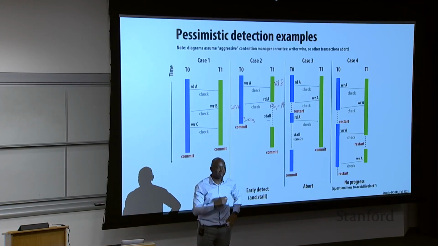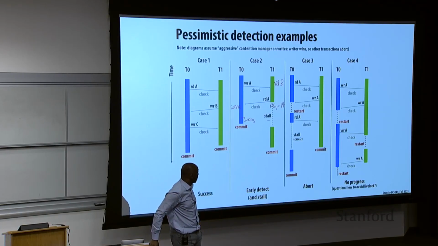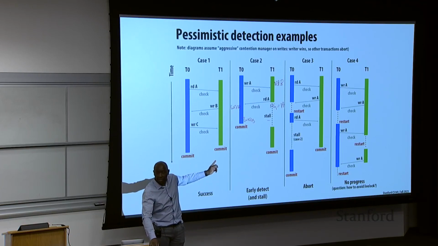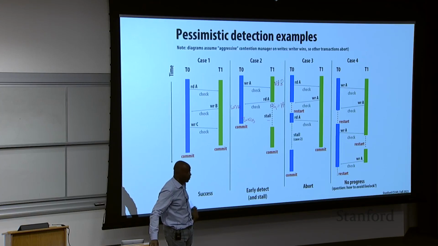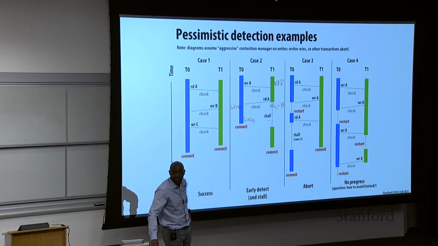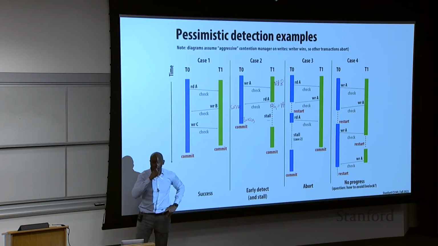Yeah. What would be a different type of contention management other than allowing writes to win? You could allow the transaction that's already running to continue.